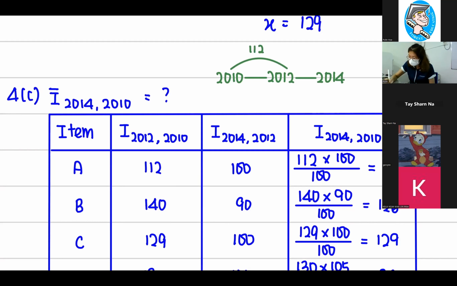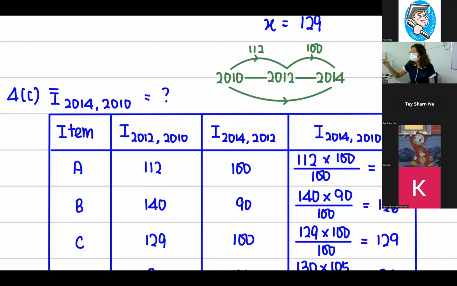Then 2012 jumps to 2014, this is 100, unchanged. The question asks for 2010 to 2014. So you multiply 112 by 100 and then divide by 100. Okay, this is the leap method.